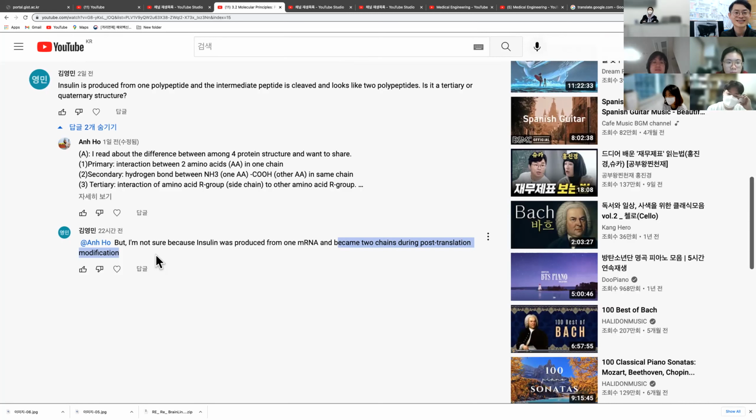I think insulin has tertiary structure because it is from one messenger RNA. Okay. Yeah, please speak out loud. Sometimes it's not very clear to listen, but your point is very, very interesting. So insulin starts from one mRNA molecule, which will create one polypeptide chain. Okay, and then there's the intermediate cleavage, and it looks like two polypeptides.